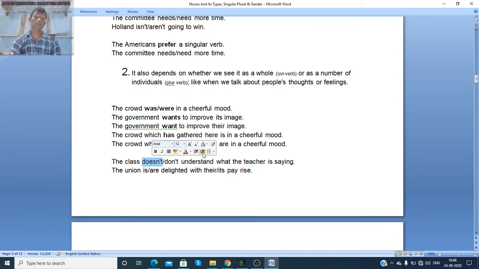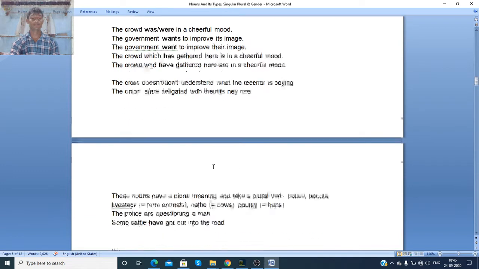But when we see that some are understanding and some are not, for example, there are 10 students in a class and 3 are understanding and the rest of the 7 are not understanding, we'll use a plural verb, because we don't see all of them as one unit. Some are different, so we will use a plural verb for them. The class don't understand what the teacher is saying.